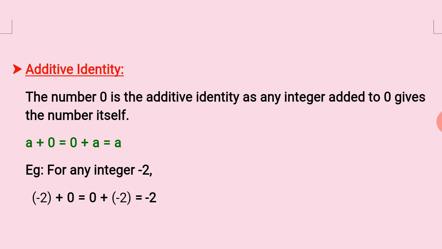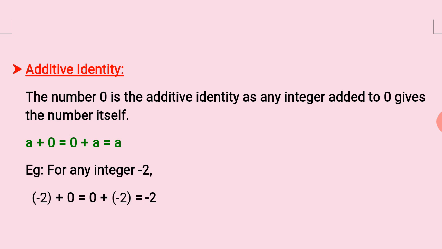So the number 0 is the additive identity, as any integer added to 0 gives the number itself. You all know this. Only you are not knowing the term. So the term is additive identity and it is 0.